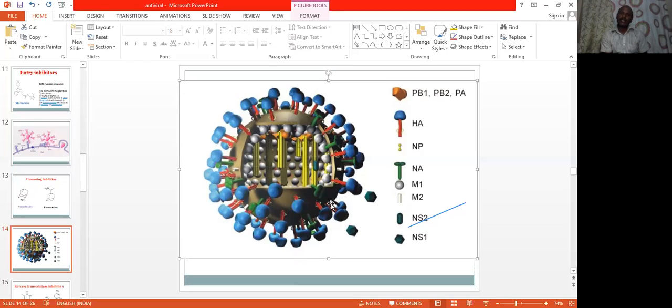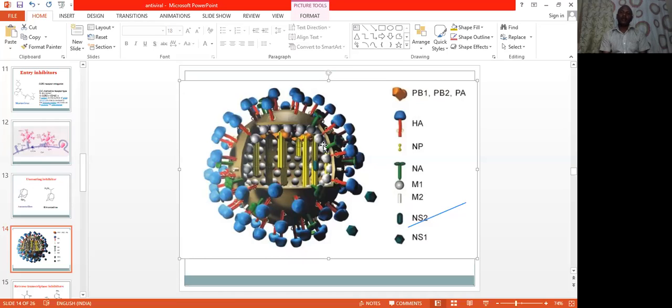Once the virus particle enters the host cell after diffusion, through these porins, hydrogens, that is protons, will enter into the virus particle and cause acidification of the virus, and cause the rupture of the lipid membrane.